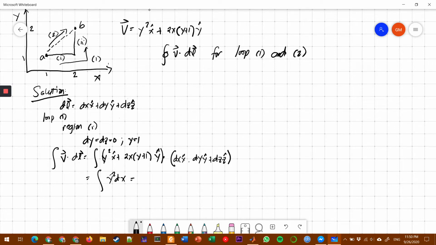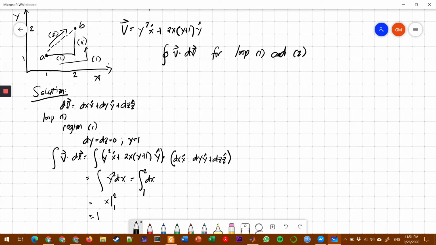And also, y equals 1, so substitute 1 here, we get 1, so you get the integral of dx, okay? Now the limit is, if you look at the path, from 1 up to 2 for x, so this is 1, this is 2. Now the answer would be x evaluated from 1 to 2, right, which is just equal to 1. Okay, that's for region 1 only.